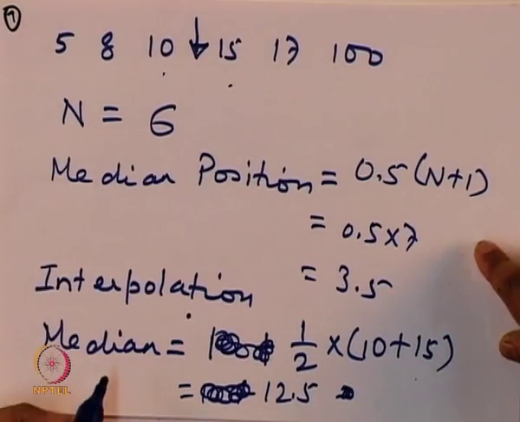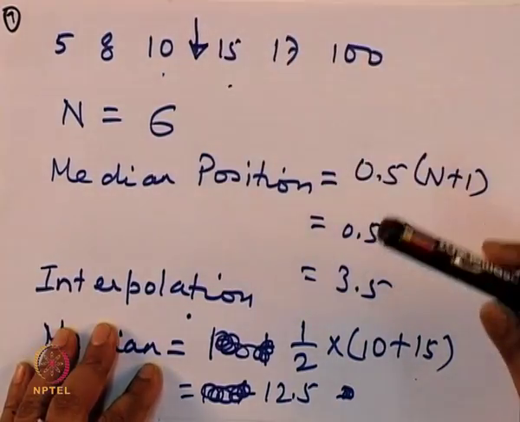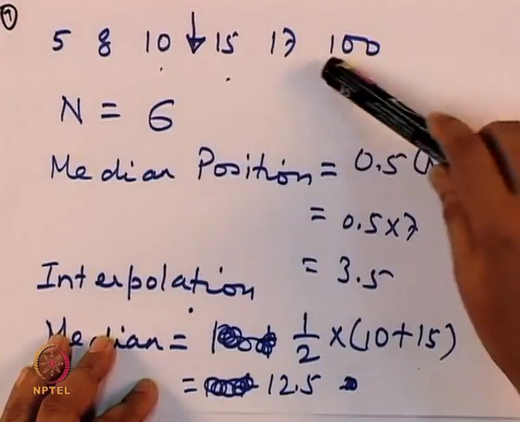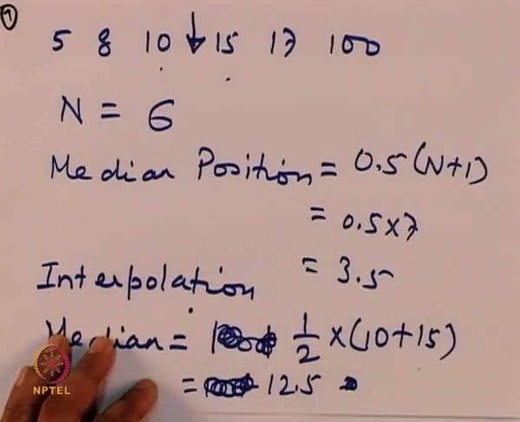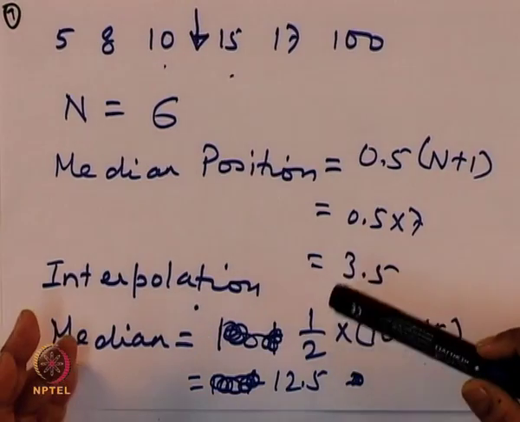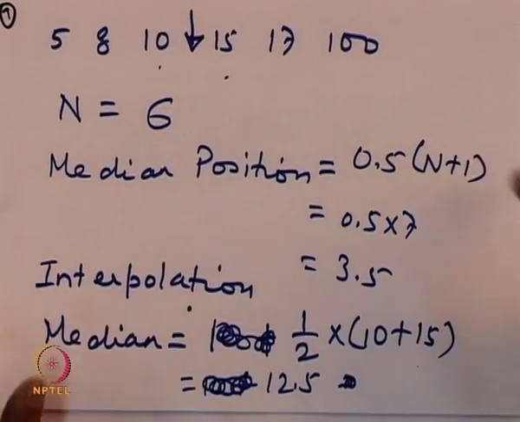So, your median is 12.5. You get a number which is even better, much more representative of this entire data set. The effect of 100 has completely been eliminated. The other advantage is that the median is of course much easier to calculate than the geometric mean.